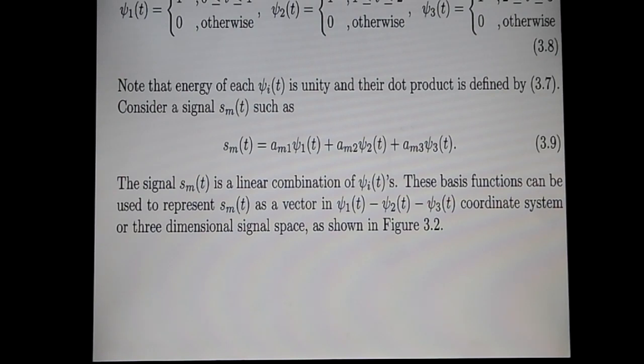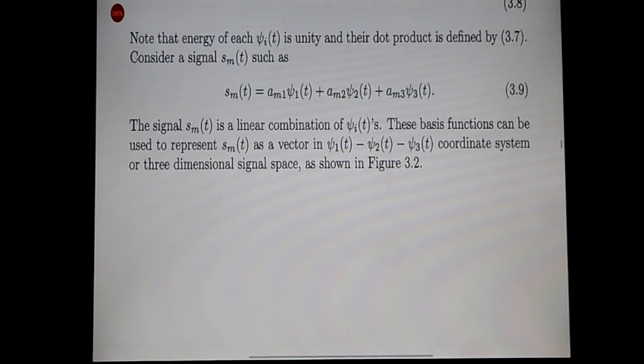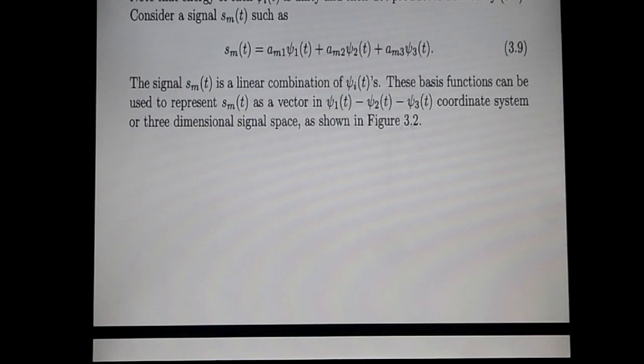Here also you can see that it is very similar. The signal Sm of t is a linear combination of these basis functions psi i of t. These basis functions can be used to represent Sm of t as a vector in the psi 1, psi 2, psi 3 coordinate system or three-dimensional signal space. So it's very similar to the xyz coordinate system, three-dimensional vector space.